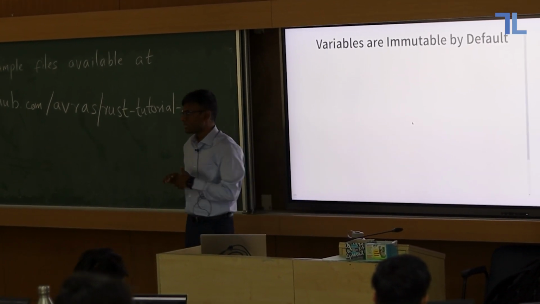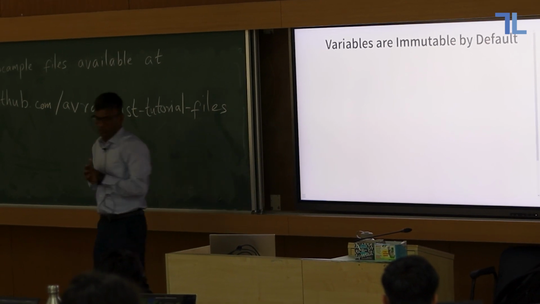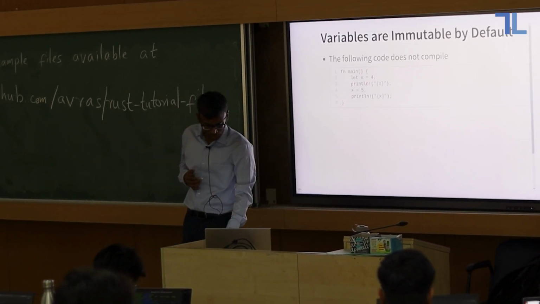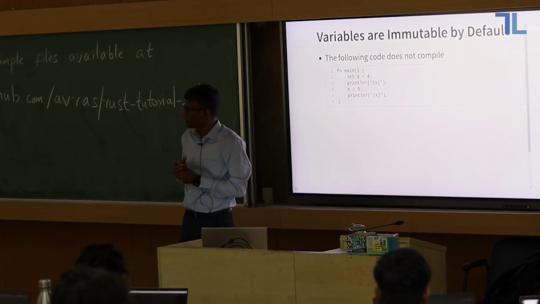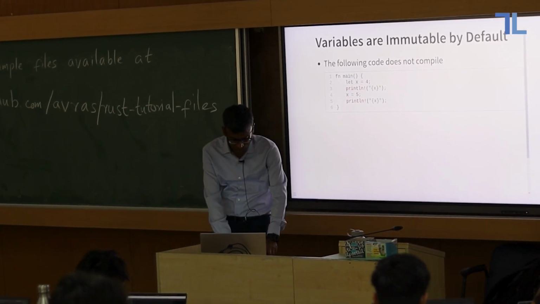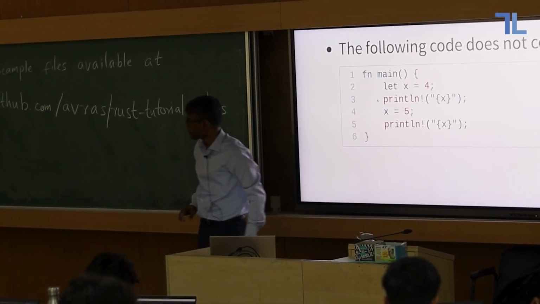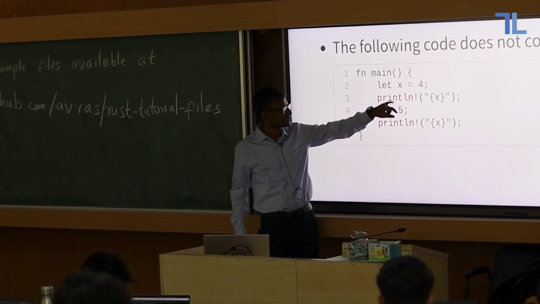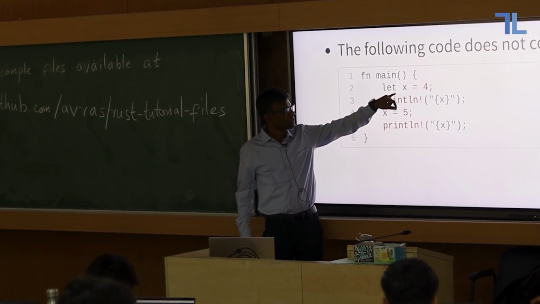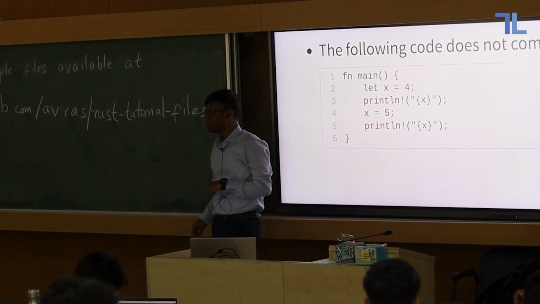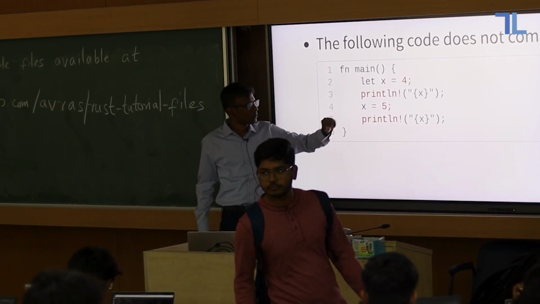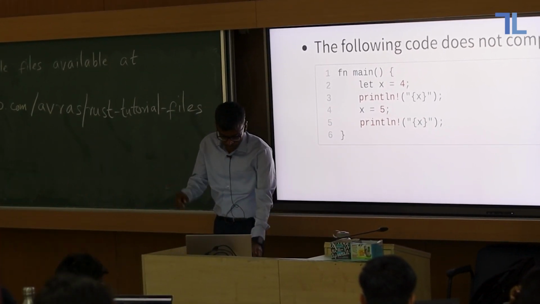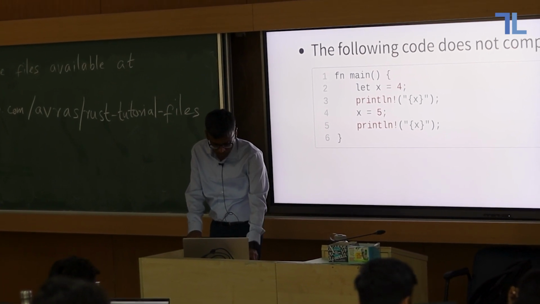Variables in Rust are immutable by default. What I mean by that is this code will not compile. In this code I have x equals 4 and I'm printing it, then I'm changing the value of x. Now I have not explicitly said that this variable is mutable, so this will throw an error. It is there in the directory under variables if you want to try it.